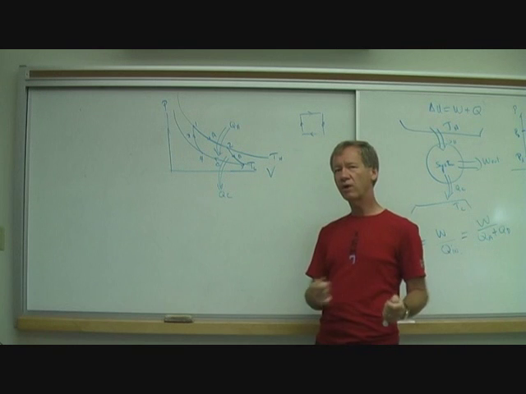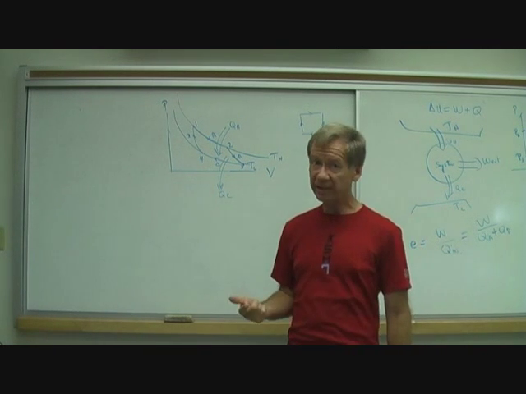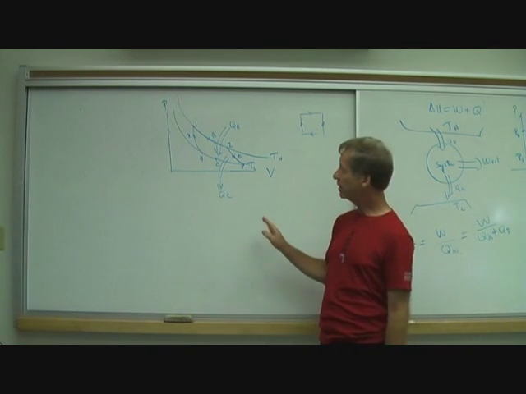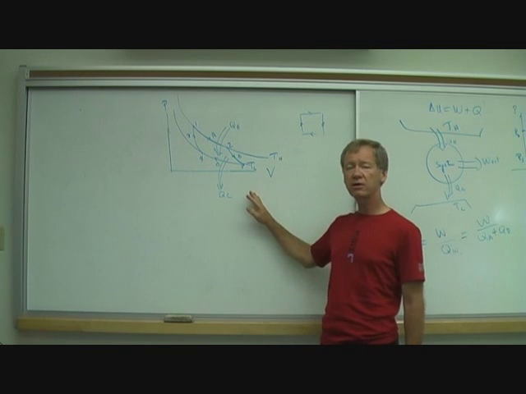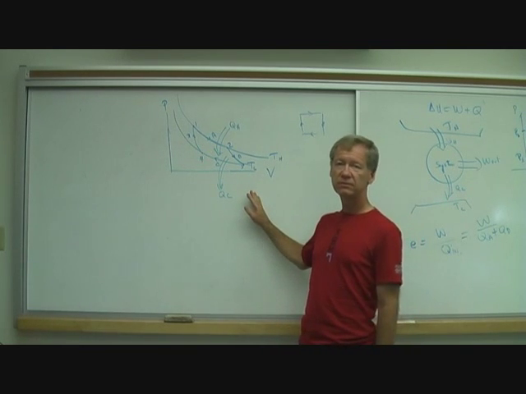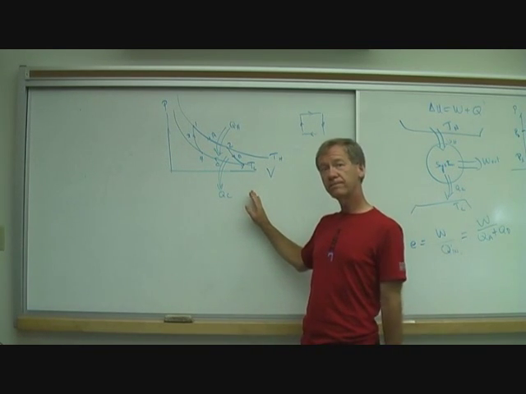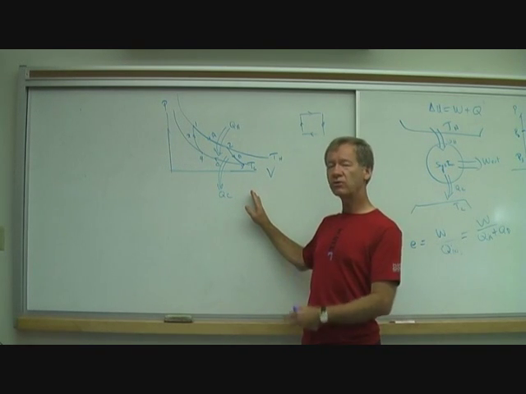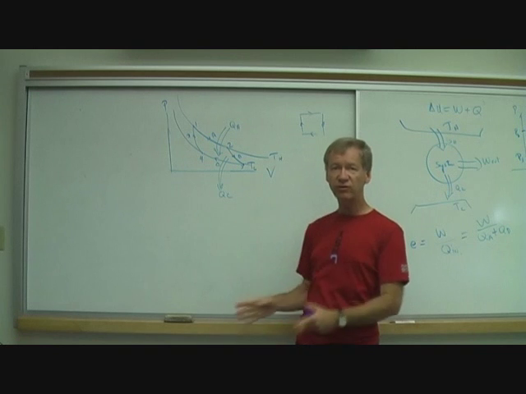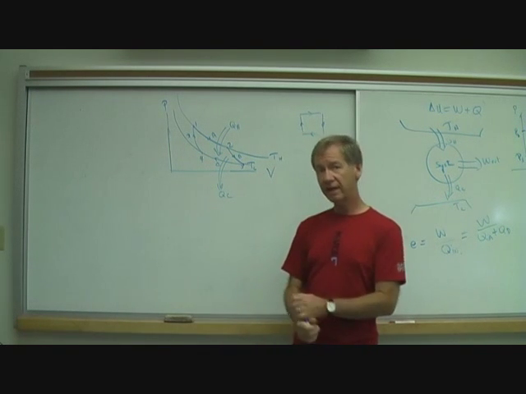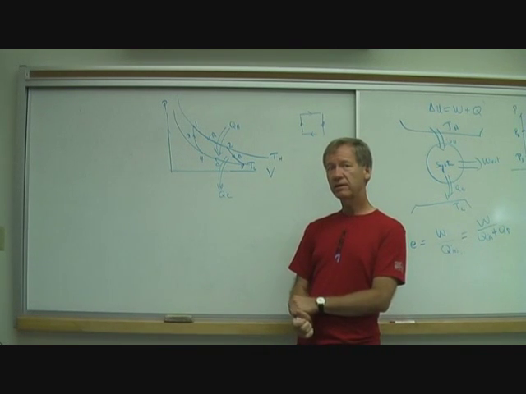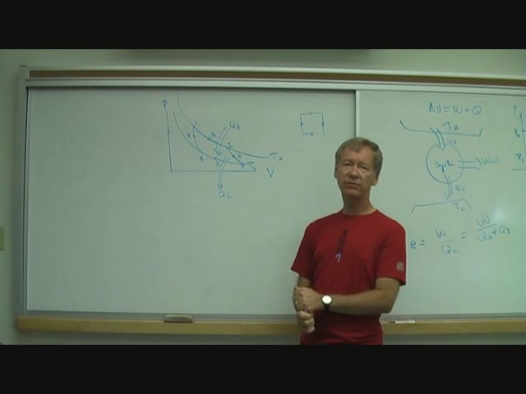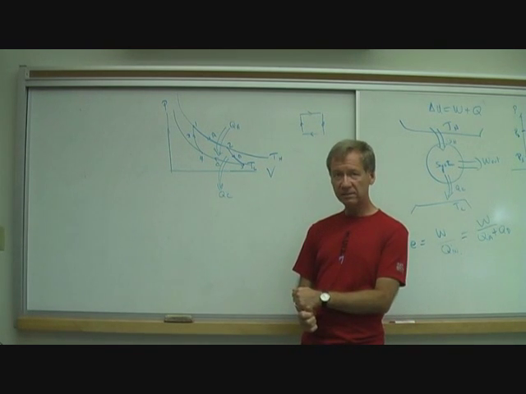The other reason why I brought this up, B, is this is called a Carnot cycle, or a Carnot engine. And it turns out that this is the thermodynamically most efficient engine that one can have, right? It's the one that is the best, right?